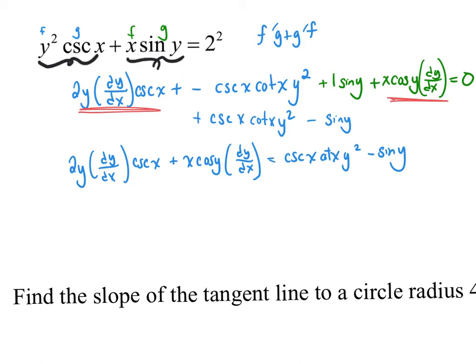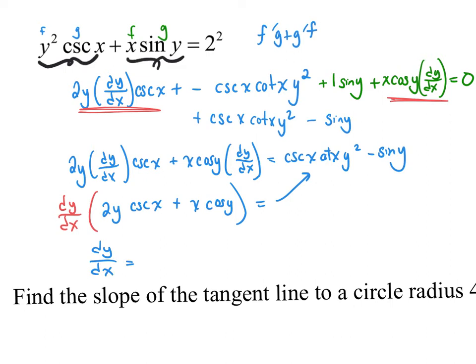So a lot of algebra to rearrange, nothing too crazy. I'm then going to factor out my dy/dx. And so if I do that on the left side, I'm left with 2y cosecant x plus x cosine y equals this whole monster. And then I'll divide out by that stuff in the parentheses.